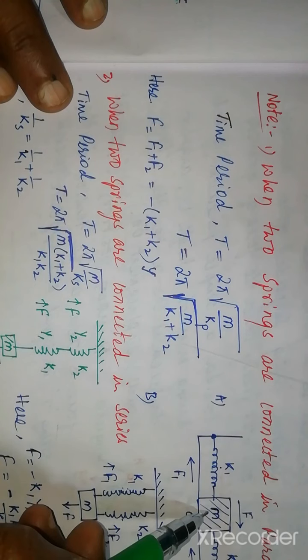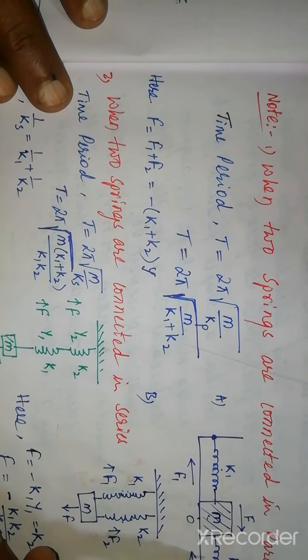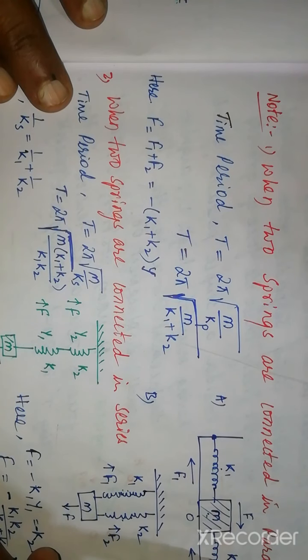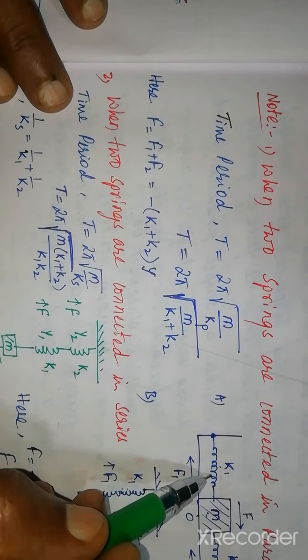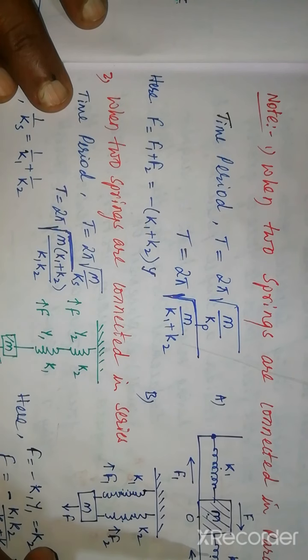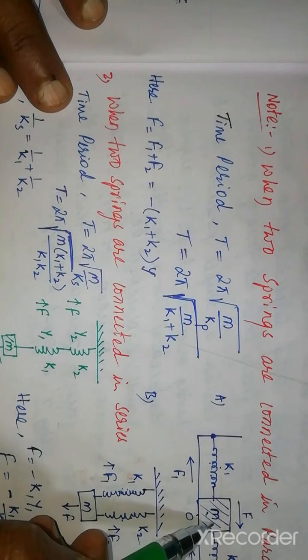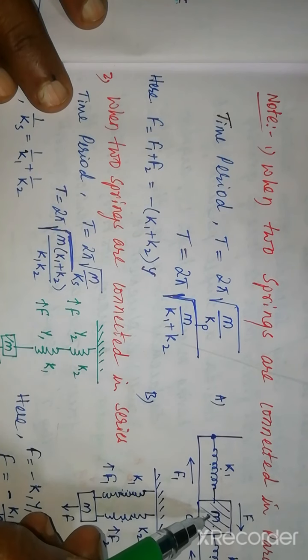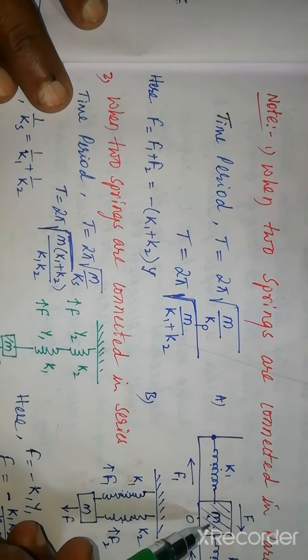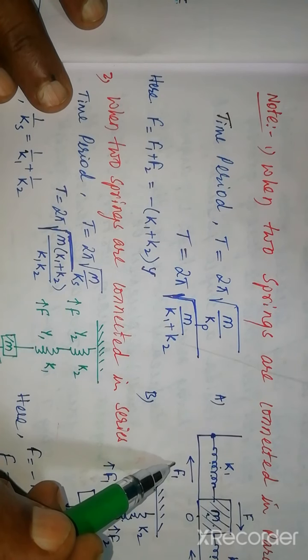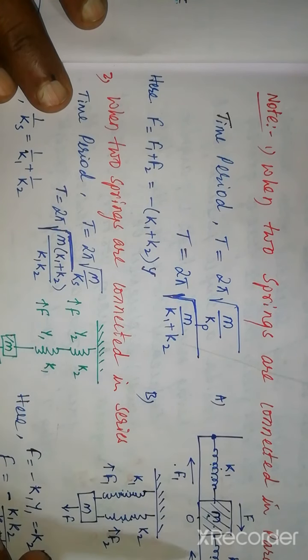When this load is pulled aside with some external force F, then here the spring gets compressed, here the spring gets elongated. Compressed spring pushes the load towards the mean position. Elongated spring pulls the same load towards left. That's why both the restoring forces, of elongated spring and compressed spring, are directed in the same direction.